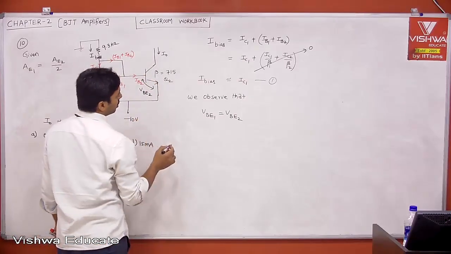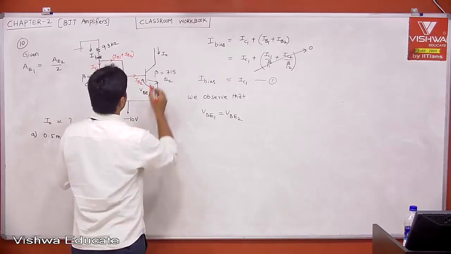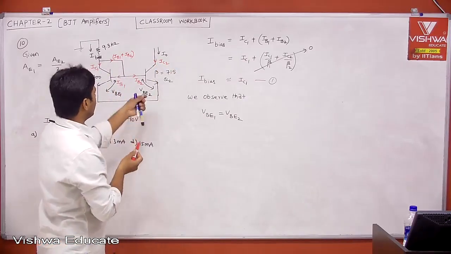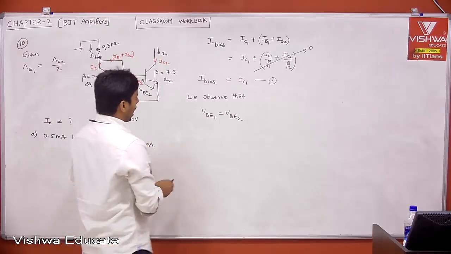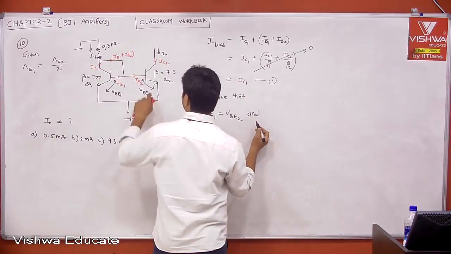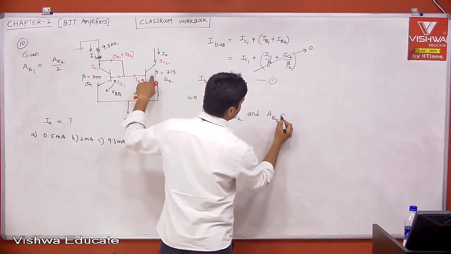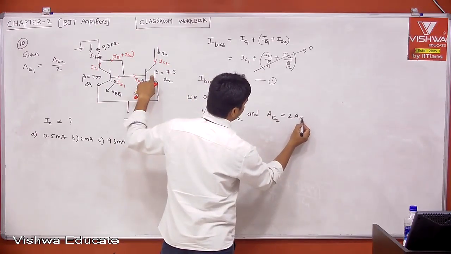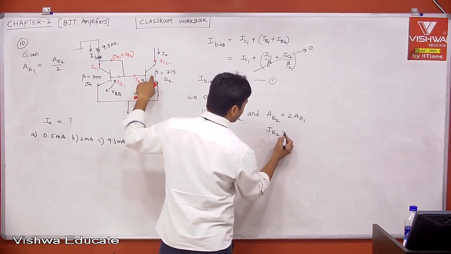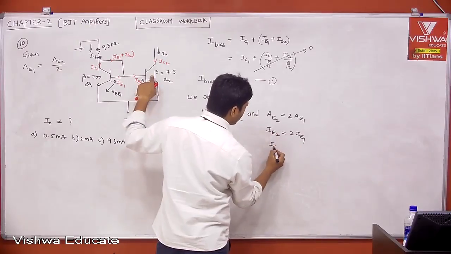Let us say this is IC2. IC2 is nothing but your IE2, right? And what is the area of Q2? The area of Q2 is twice the area of Q1, that is what is given. Therefore, IE2 is equal to 2 times IE1.